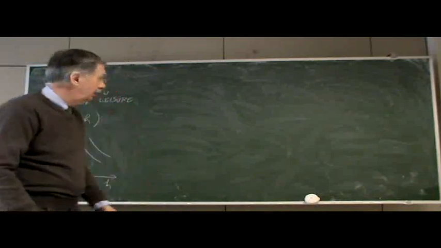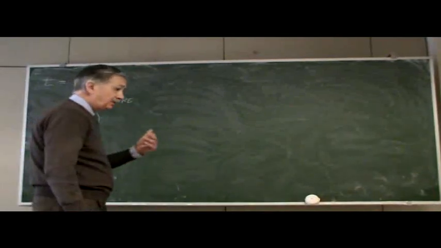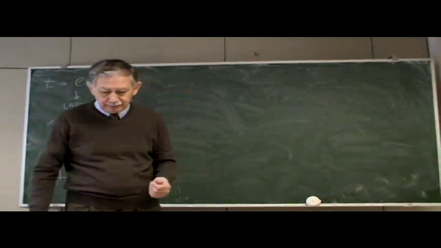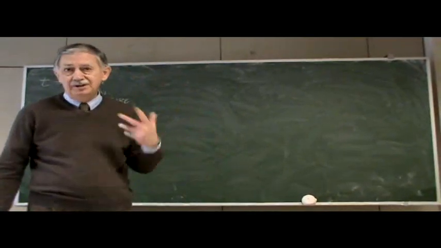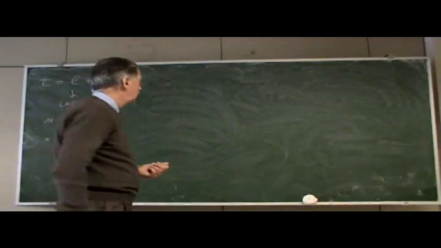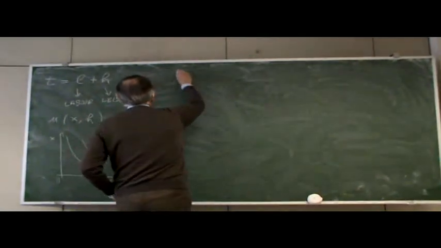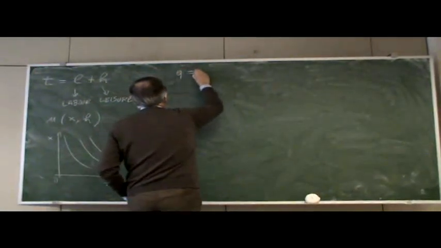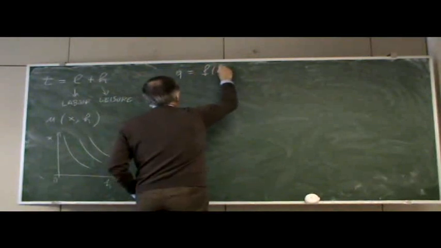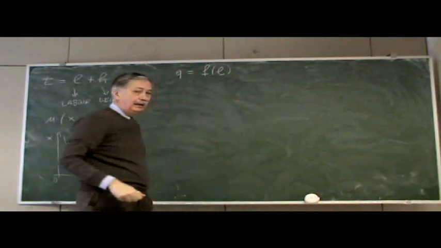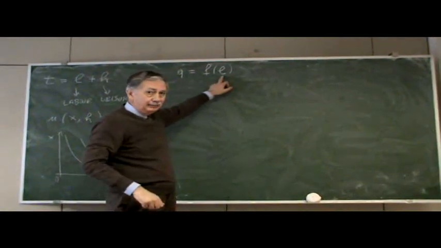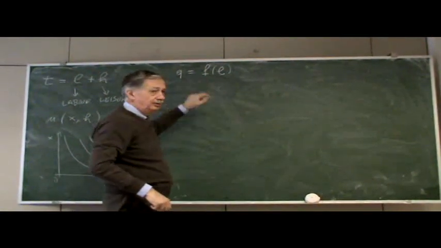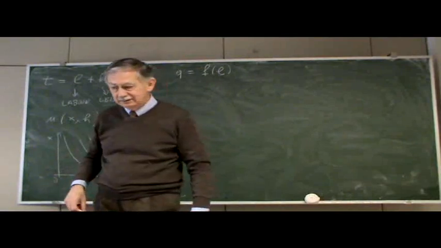The firm employs a certain quantity of labor in order to obtain as a product the consumption good. Suppose that there is a function of this type, Q equal to F of L. If I employ this quantity L of labor, I obtain this quantity Q of product.